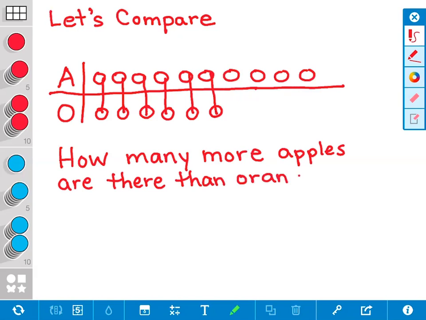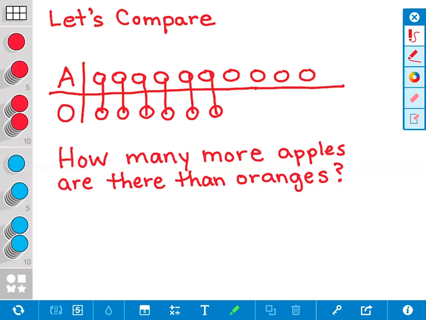You can see I want to know which one or what is more. All right, apples or oranges. Sometimes we're comparing people, sometimes we're comparing objects. So you're comparing different things. How many more apples are there than oranges?